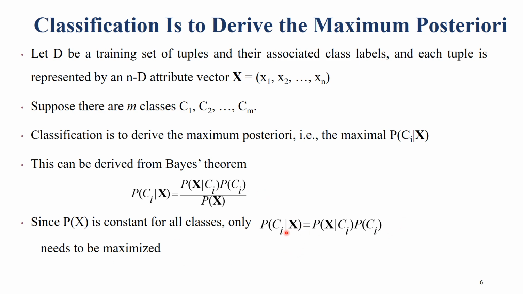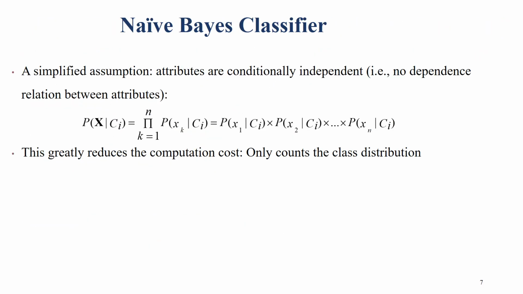A simplified assumption is that the attributes are conditionally independent. There is no dependence relation between the attributes. The probability of X given Ci could be represented in this way: probability of x1 given Ci into the probability of x2 given Ci, and it goes on. So this reduces the computational cost. It only counts the class distribution.